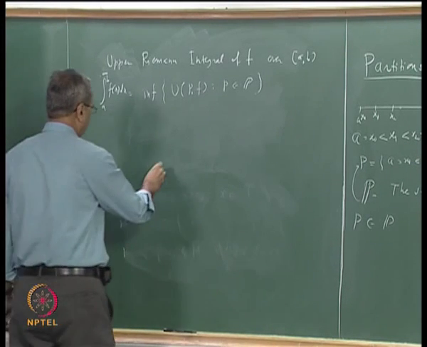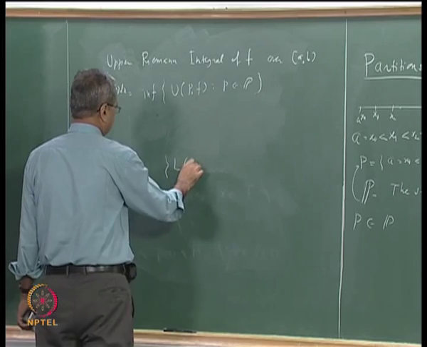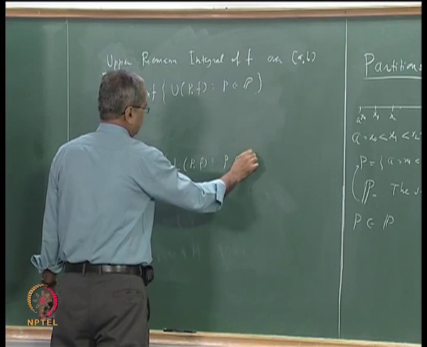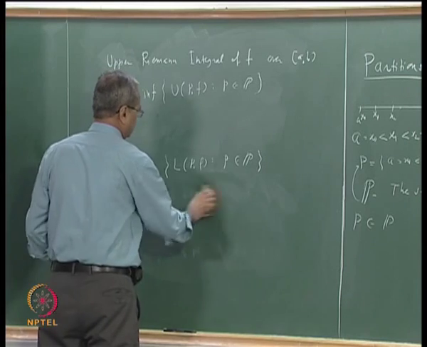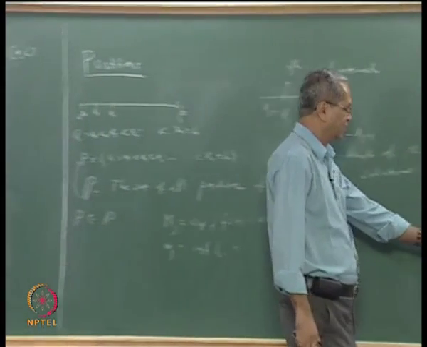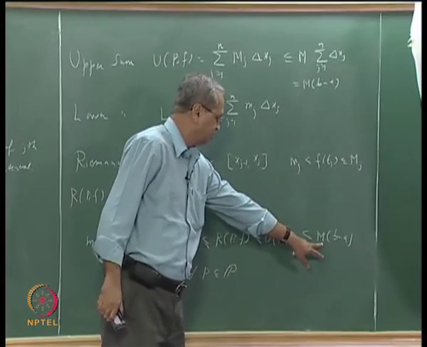Similarly, if you look at all the lower sums L(P,f) for P in script P, that set is bounded above because every lower sum is less than or equal to this number.